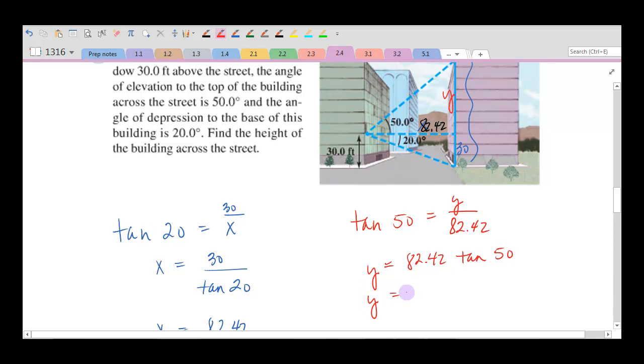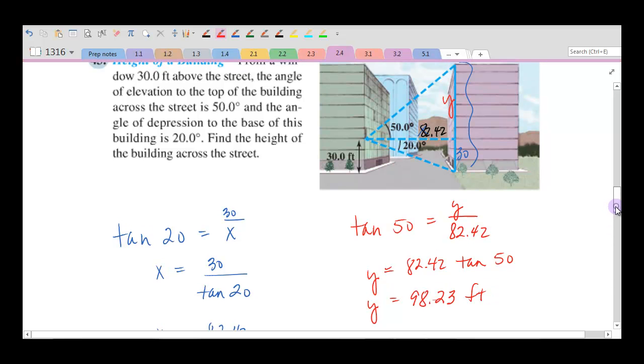Doing that on your calculator, you end up with 98.23 feet, but that's not the total height of the building because we need to add 30 feet to what we've already calculated.